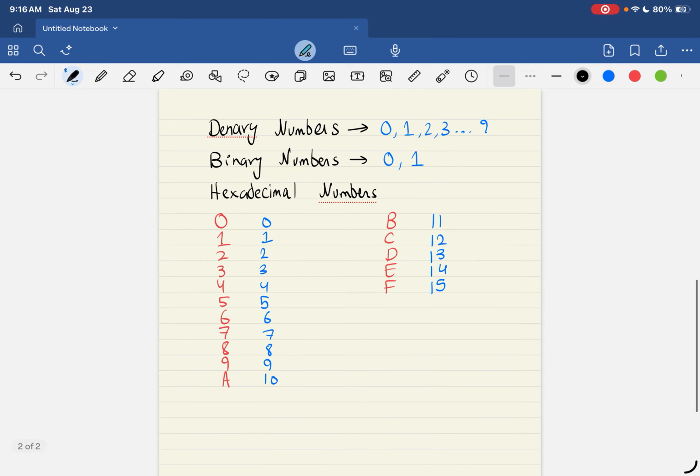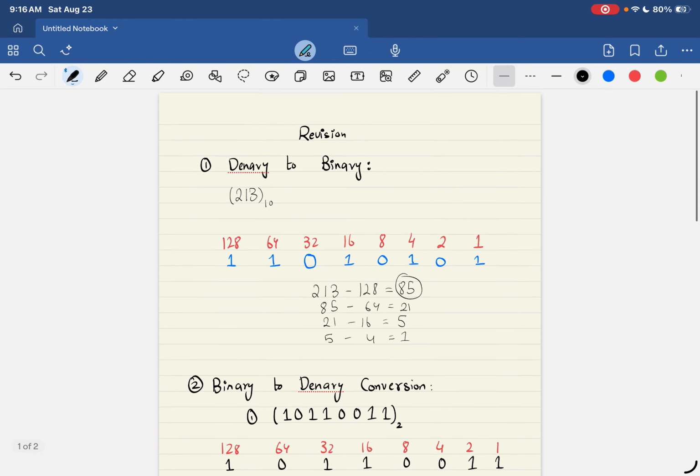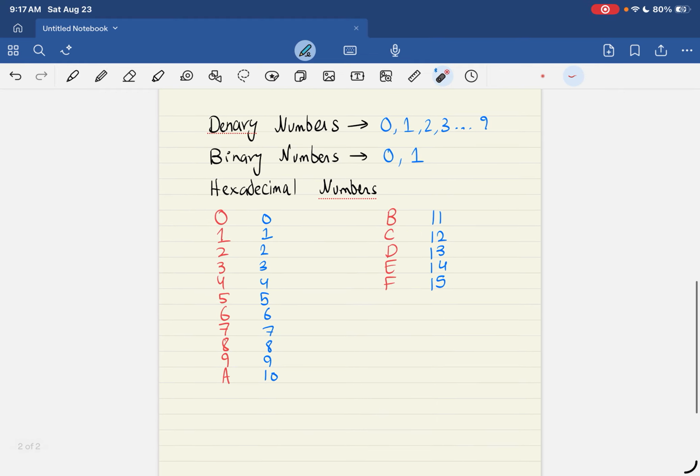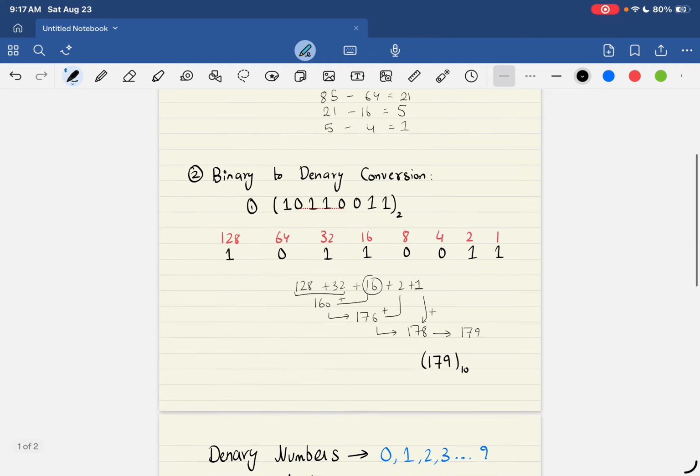But over here, we don't have really large values, so we don't need that many bits, that many powers of 2. We had to go all the way till 128 before because the numbers were quite large. Here, the largest number is F, which represents 15. So we only require 4 bits, not 8 bits.